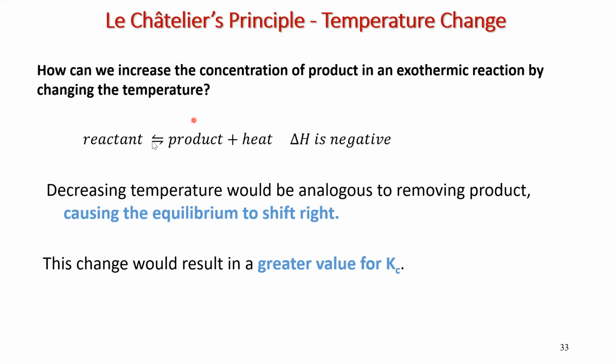Now, when it shifts towards the right, products will go up, reactants will go down, which causes K to be greater. Again, most Le Chatelier's principle problems do not have math to go along with them. They're much more conceptual type questions.